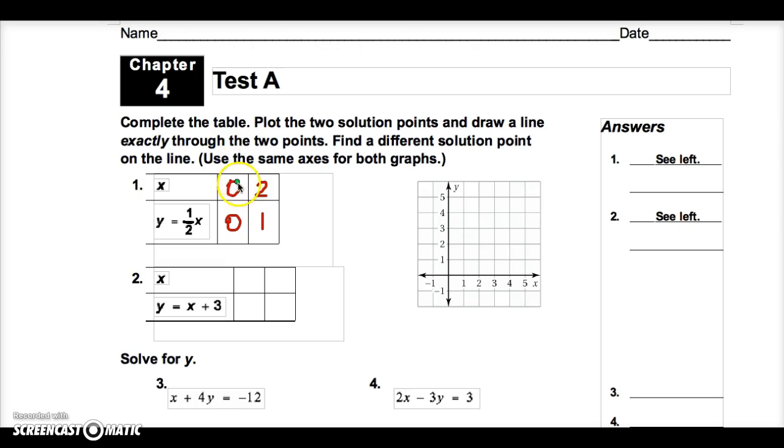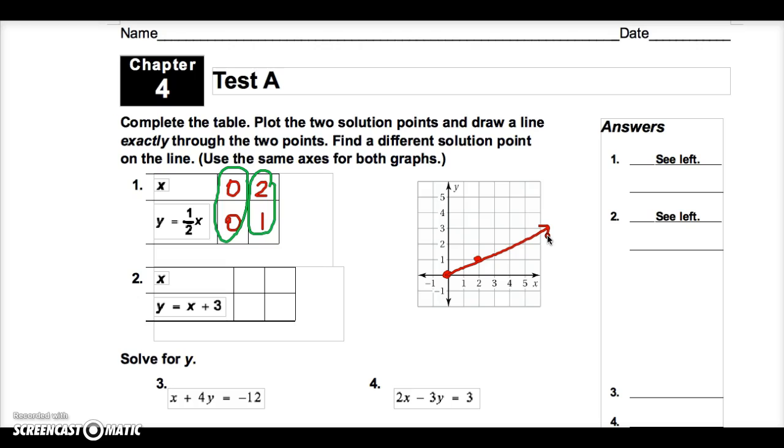And this gives me the 2 points that I'm going to plot on my graph. So the first thing I'm going to plot is the point 0, 0, right at the origin. And then the point 2, 1. I'll go over 2 and up 1. And then connect those and try to make your line as straight as possible.